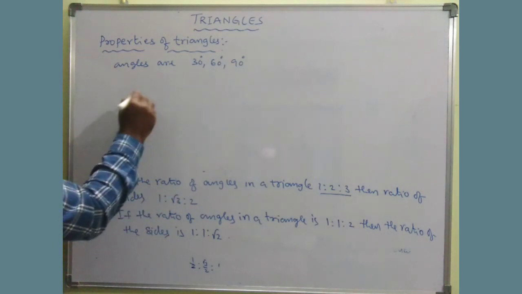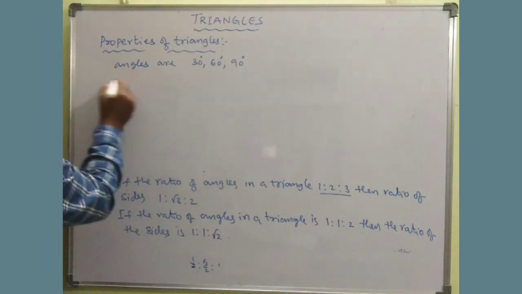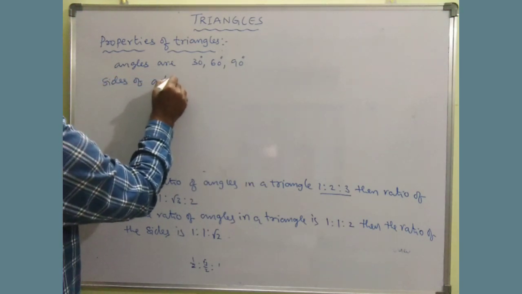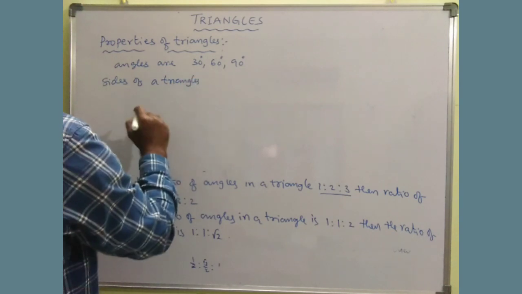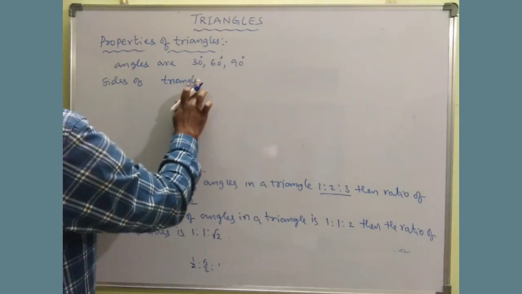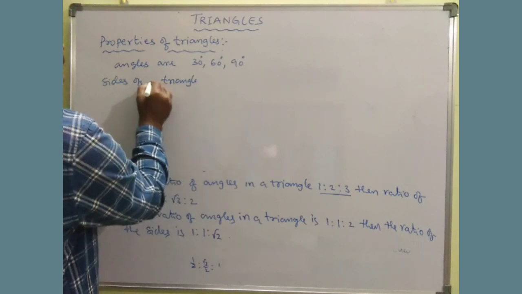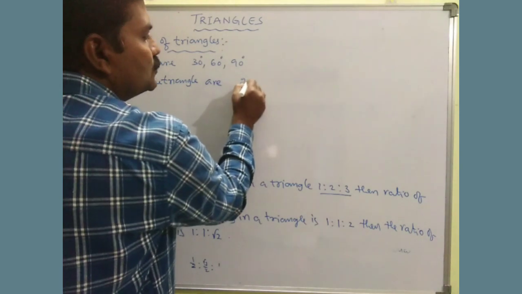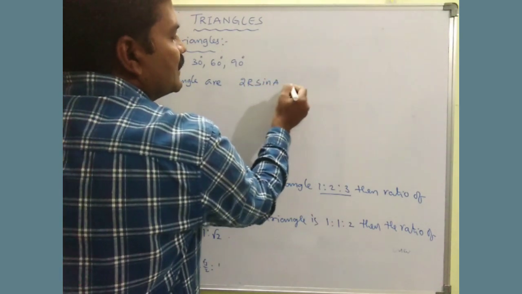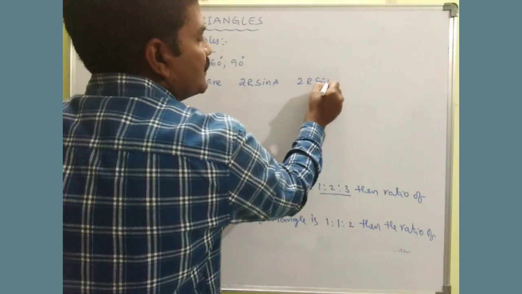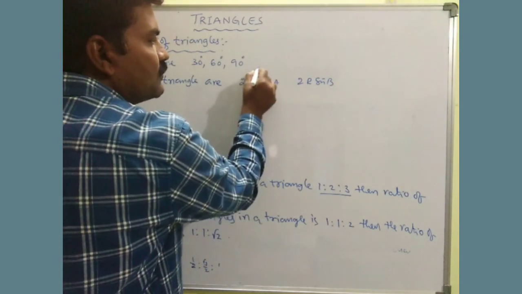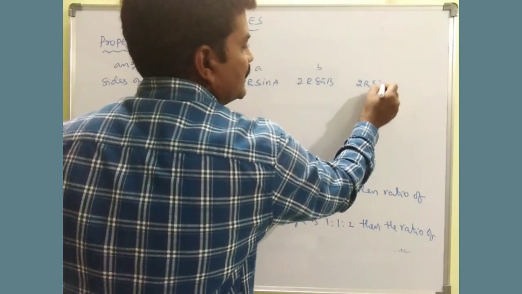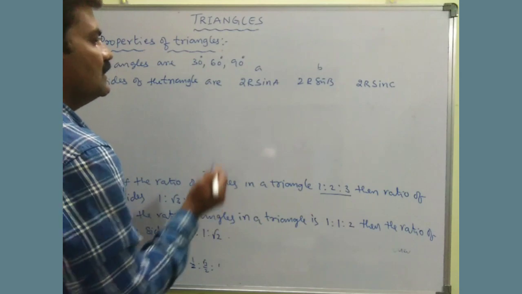See, actually, if these are the angles, then the sides of a triangle are, this is the formula, 2r sine A, 2r sine B, I mean side a, this is small a, this is small b, and small c, the third side, will be equal to 2r sine C. Now I want their ratio.